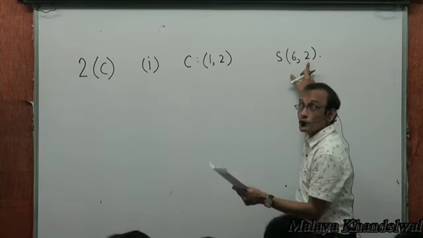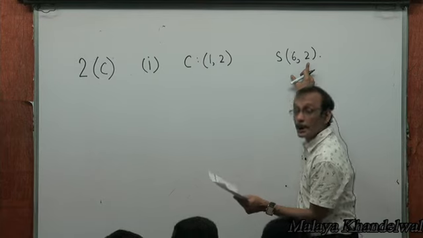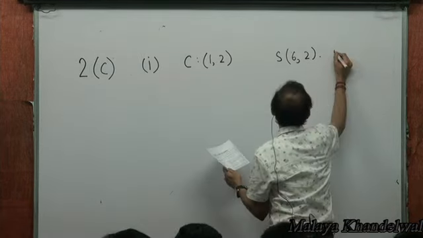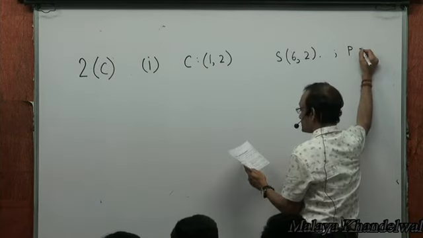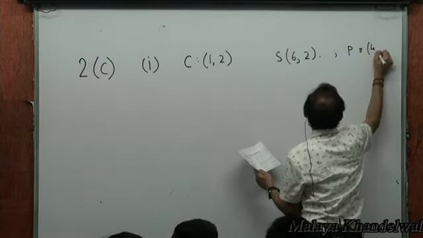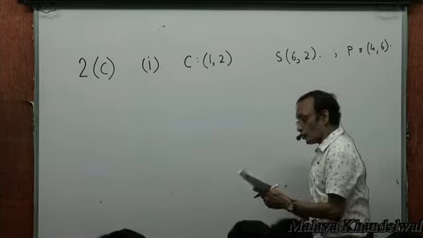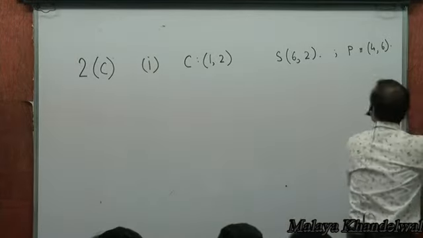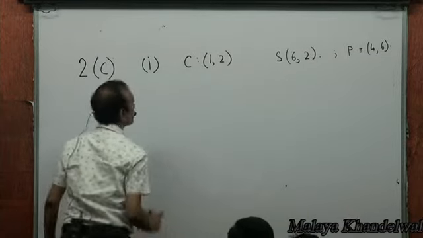It's an ellipse whose major axis is parallel to the x-axis, right? And there is a certain point P on the ellipse, (4, 6), which is a point on the ellipse. We want to find the equation of such an ellipse. Clear? Okay.